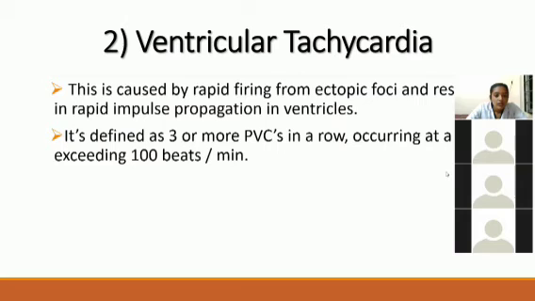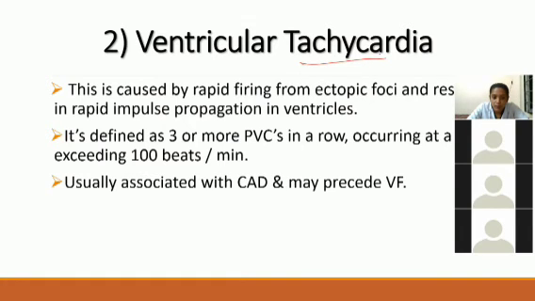It is defined as 3 or more PVCs in a row occurring at a rate exceeding 100 beats per minute. From the word itself, you can see that there is a tachycardia, that means the rate will be higher, more than 100 beats per minute. We already studied the morphology of PVC. So in ventricular tachycardia, there will be 3 or more PVCs in a row, and the heart rate will be more than 100 beats.